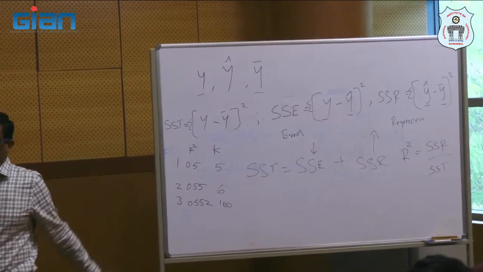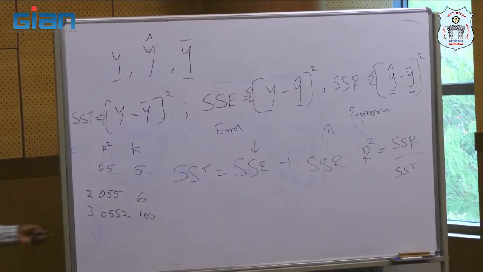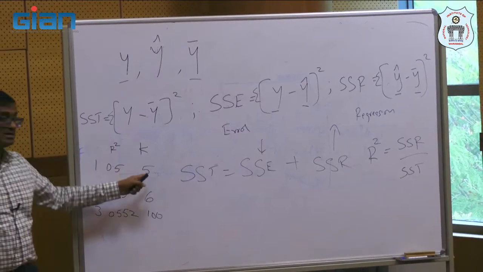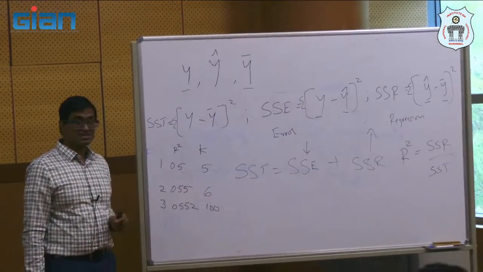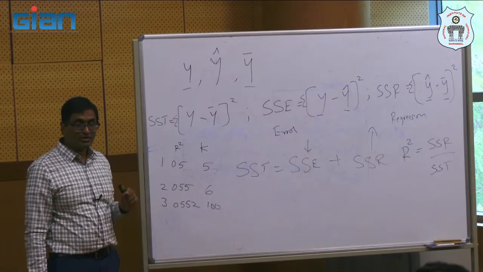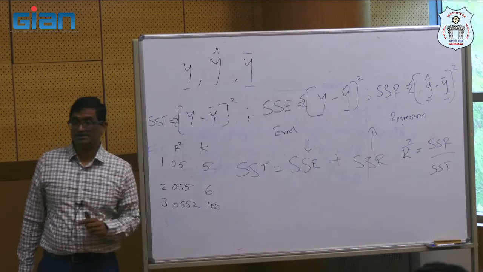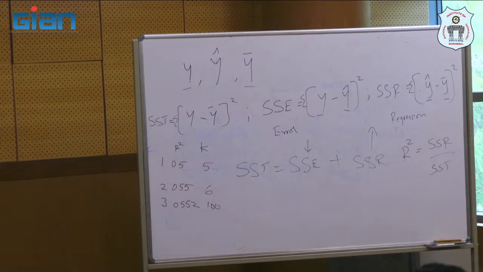Which model would you prefer? Model 1 has an R square of 0.5, and K, the number of parameters, is 5. Model 2 has an R square of 0.55, with 6 parameters. Model 3 has an R square of 0.552, and the number of parameters I'm using is 100. Which is the preferred model?